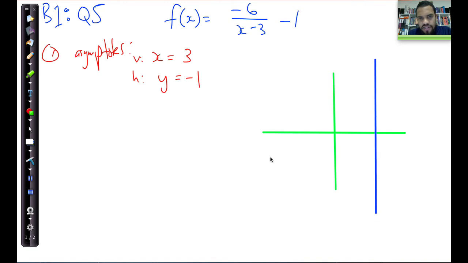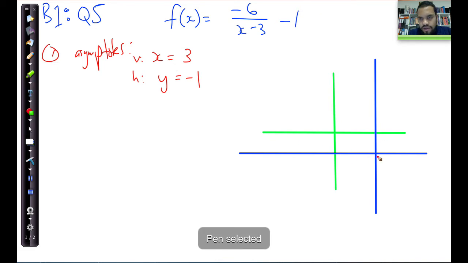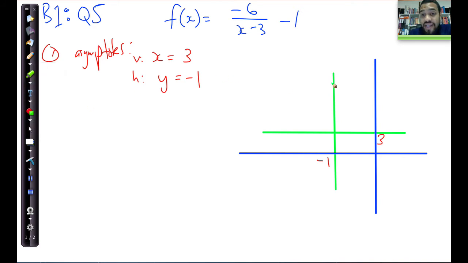And the horizontal asymptote will be at -1. I just made them a little bit longer. Those are our asymptotes, right? And we can use a red color to get a +3 in there and a -1 there. So the green is our axes, and I'm just going to use green with a thick pen to indicate what the axes are. The x and the y axis, I'll put it over there.